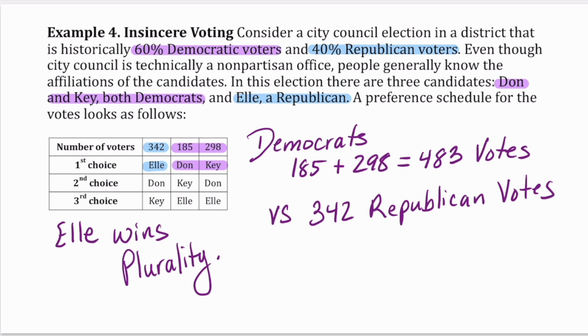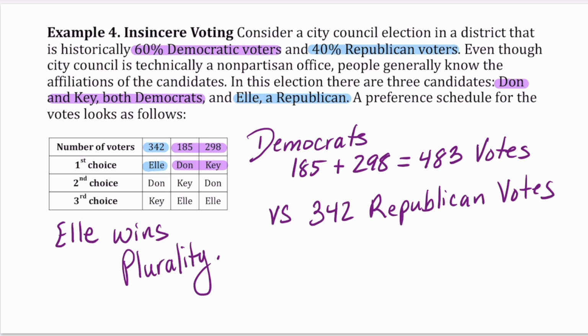They might want to vote for Dawn, but thinking about the outcome of the election, they might realize that Key might be the more popular candidate out of the two, and they don't want L to win at all.